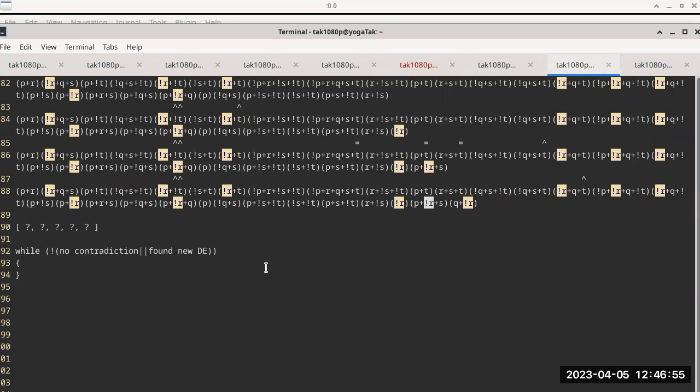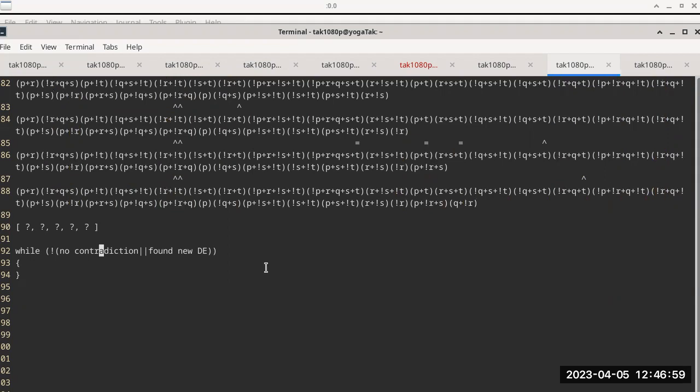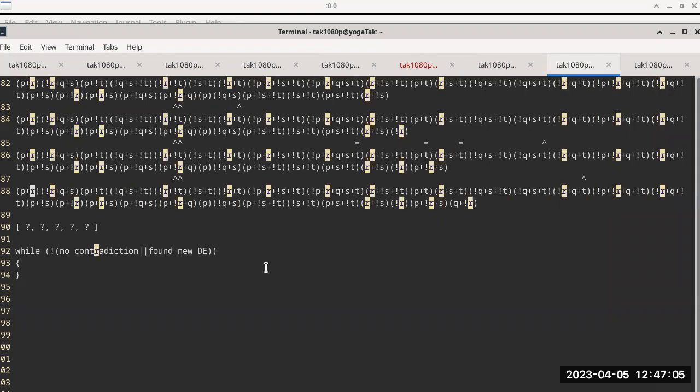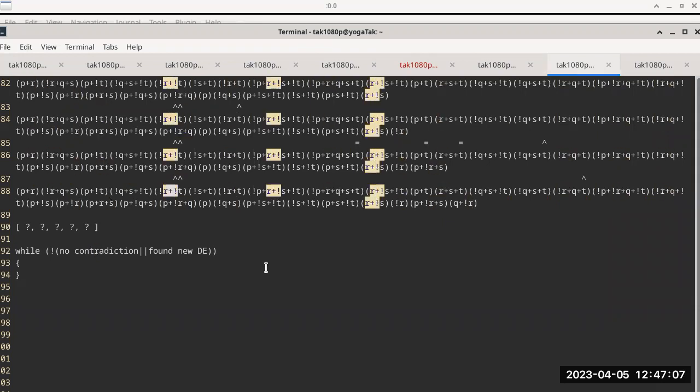So again, my question: if you have R or not S, okay, hold on a second here. R or not S, right, and you have it by itself, and you have it in the other ones, then the other ones can go away.